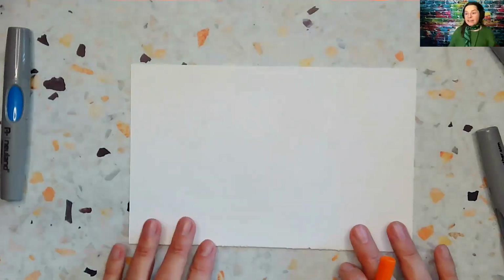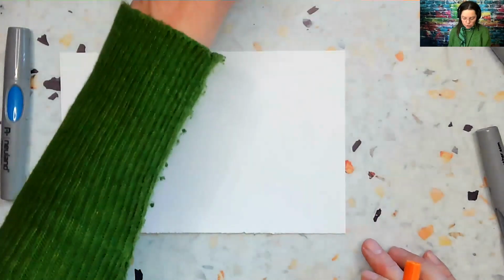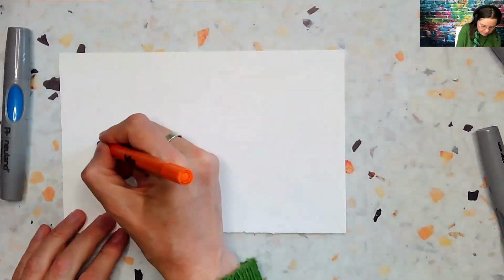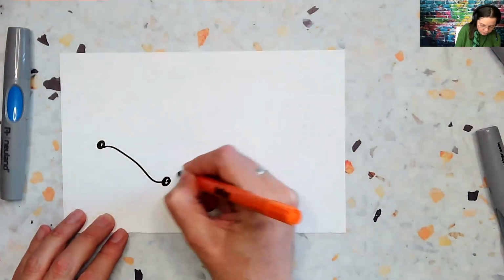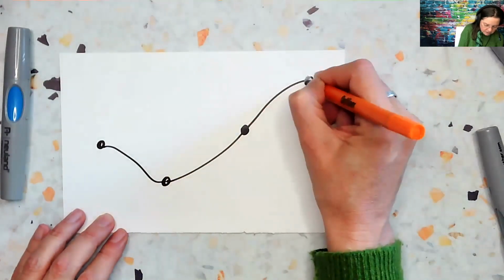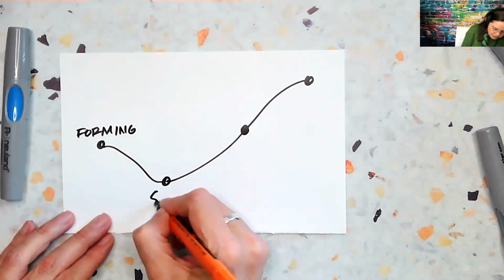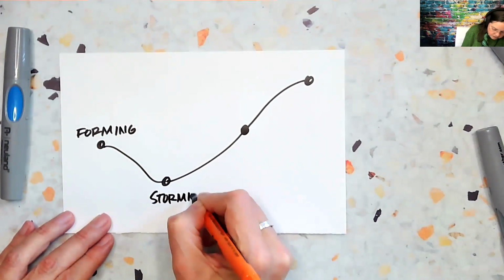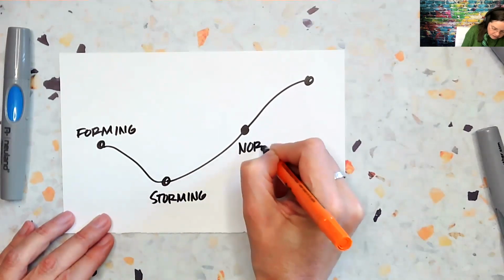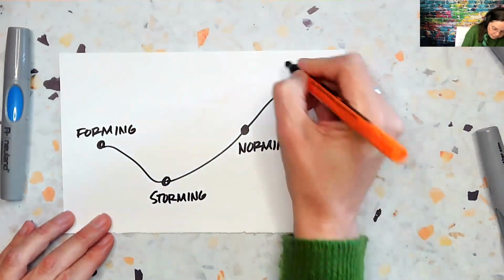that helps them see where they are and maybe possibly get some things out. Now, the first thing I'm going to show you, I think many of you may already know this, and actually you could probably add to this because I know that there's different versions, but the fact that every group goes through that process of forming, storming, norming, and performing.